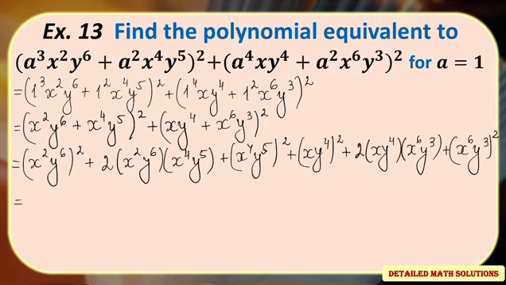As a next step, I'm going to use the rules of exponents to simplify this expression further. This way, I get x squared to the power of 2, y to the 6th power to the power of 2, plus, in this next term, I need to multiply x squared with x to the 4th power, and then y to the 6th power with y to the 5th.